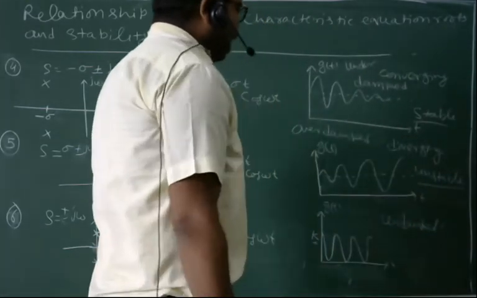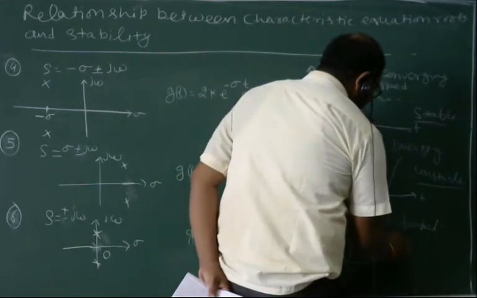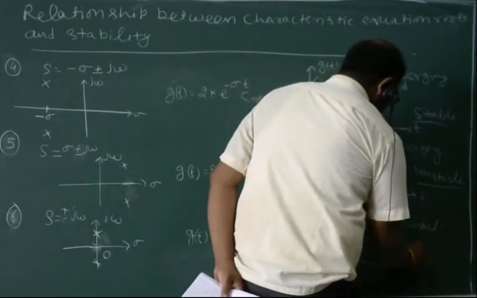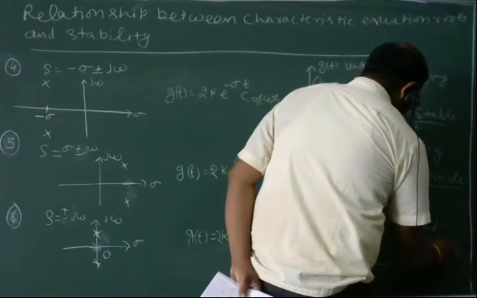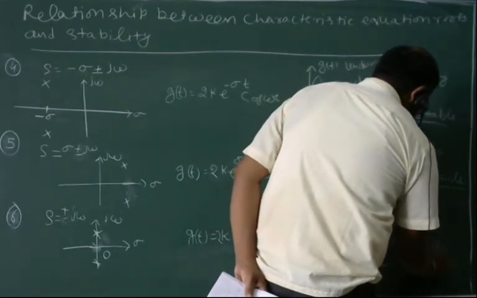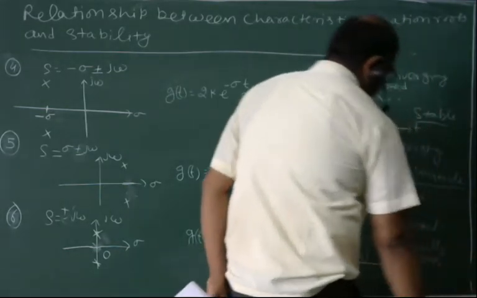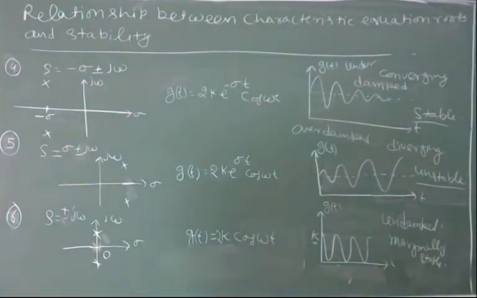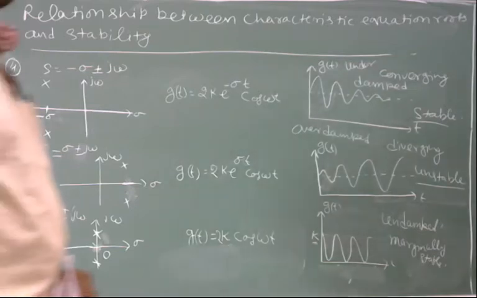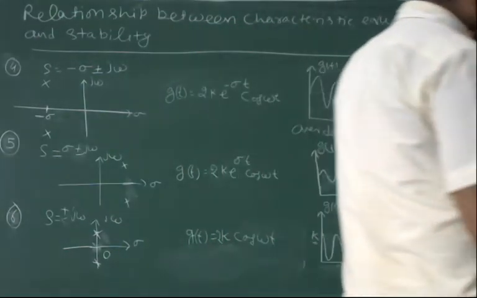In the undamped case the system is marginally stable. So this is the relationship between characteristic equation roots and stability.